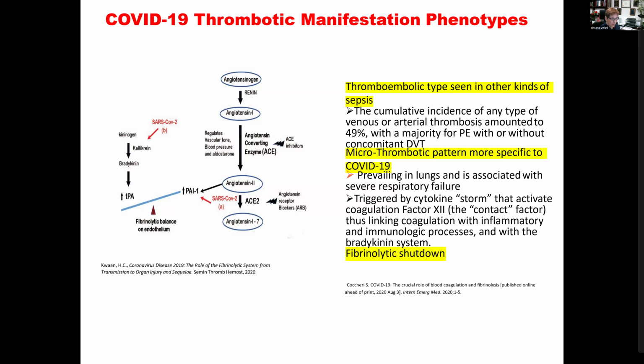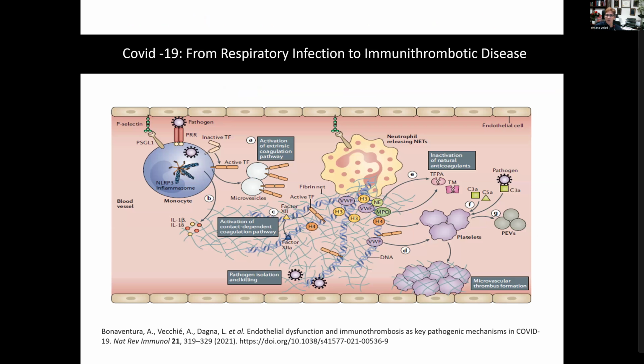However, a few years later, the studies that were published do recognize that COVID starts with respiratory infection. However, in some patients, it proceeds to a truly immunothrombotic process. With the initial attempt to limit infection, it also leads to overstimulation of the inflammatory markers, an inflammatory state, and that leads to further immunothrombosis.